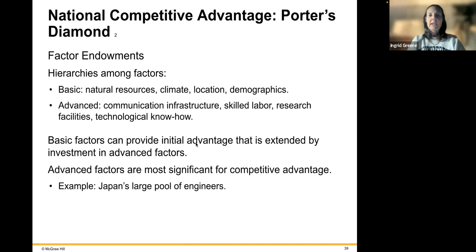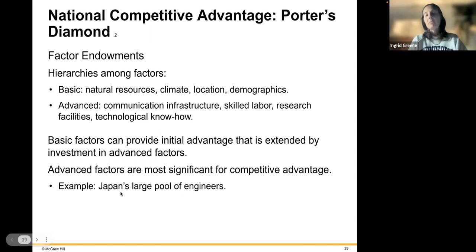Basic factors can provide initial advantages that are extended by investment in advanced factors. So maybe they have the climate, or they have the demographic, et cetera, but then there's, as I just mentioned, investment in these advanced ones to move it forward faster. Advanced factors are most significant for competitive advantage. So again, this is the key, what Porter thinks, into helping a country and an organization move forward.